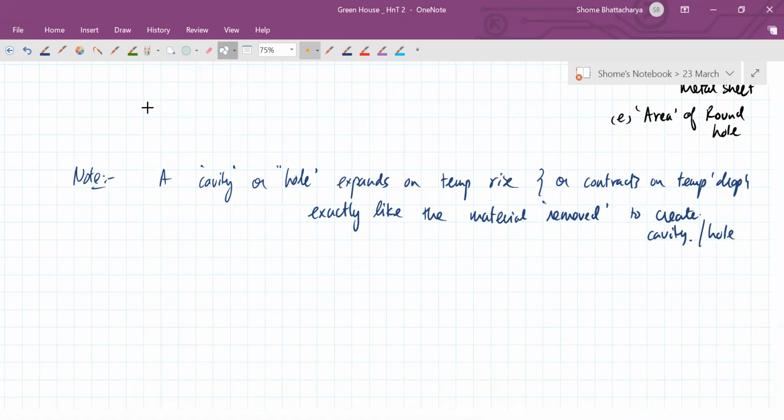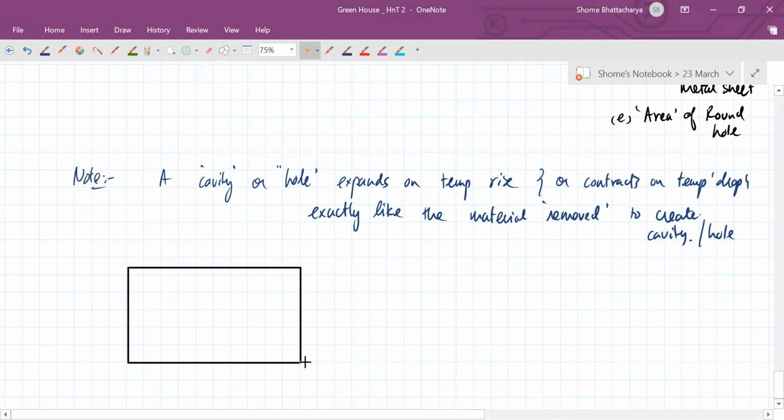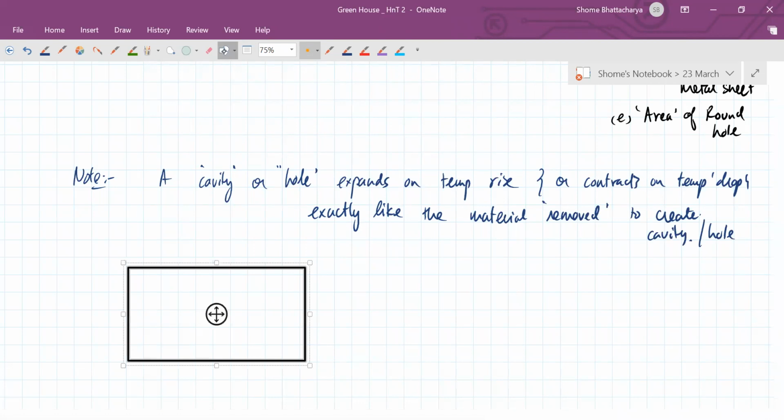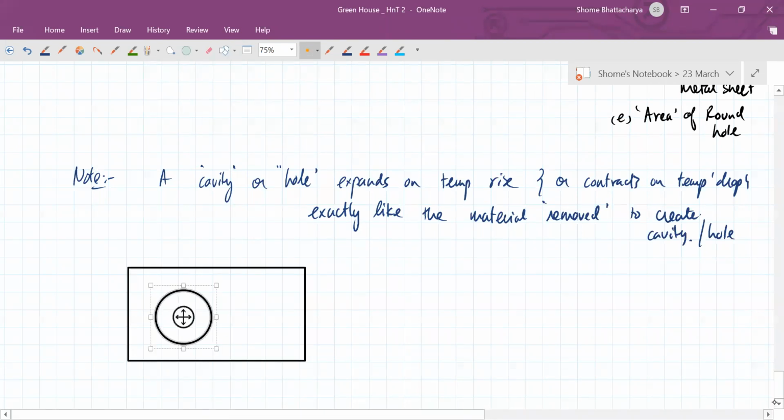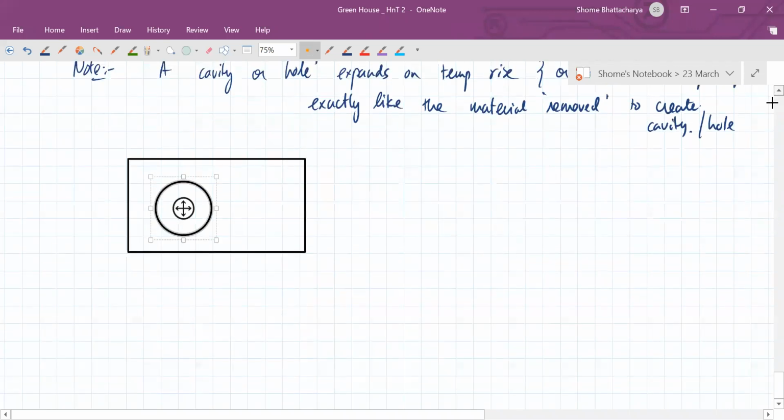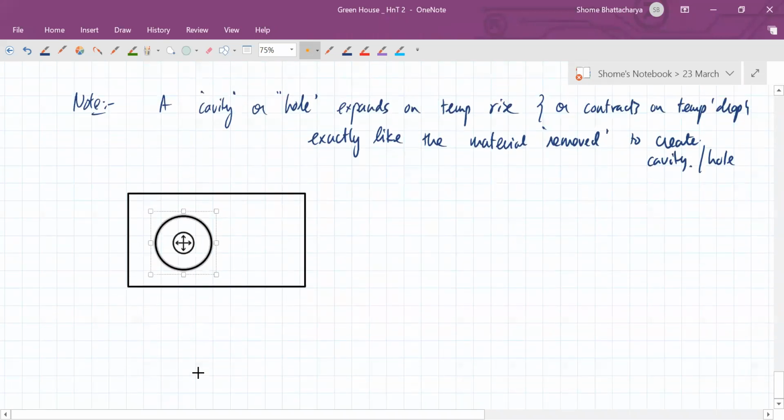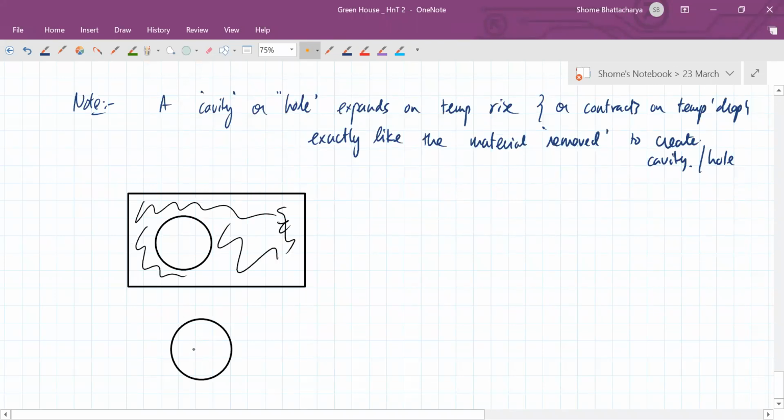So for example, here, in order to create this round hole, suppose we have cut out this metallic disc. So this metallic disc has been cut out.